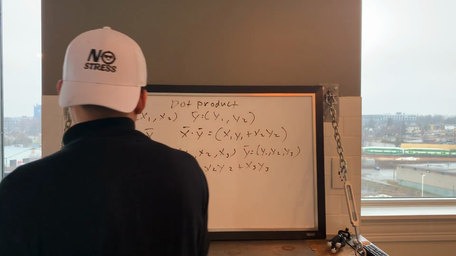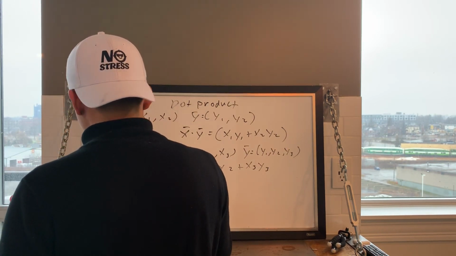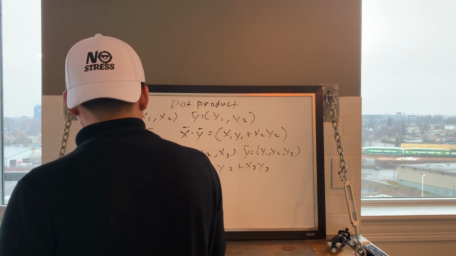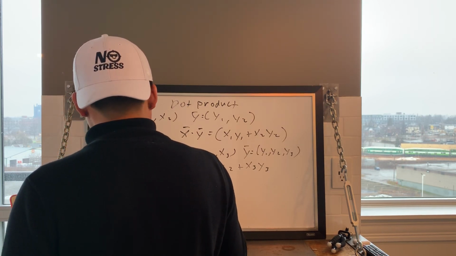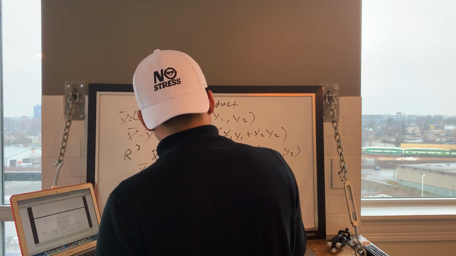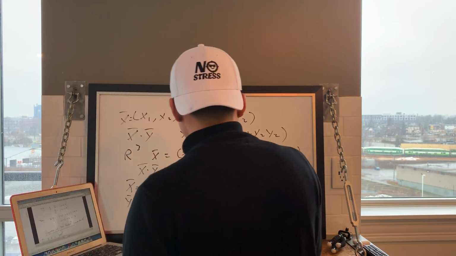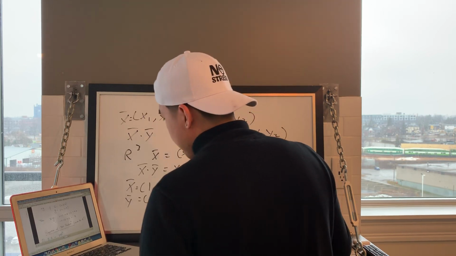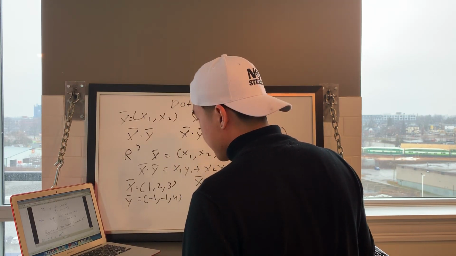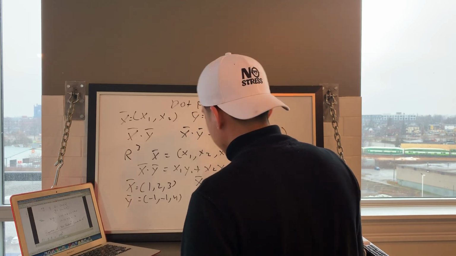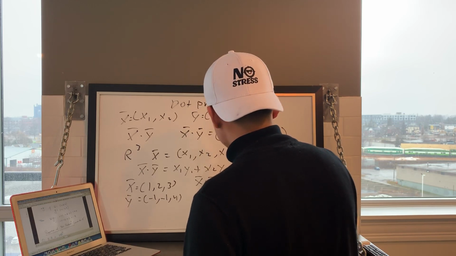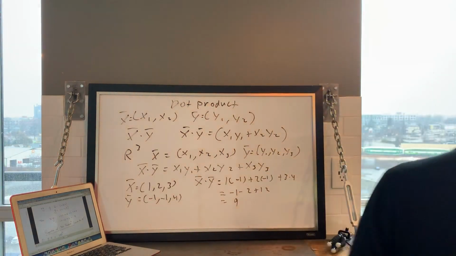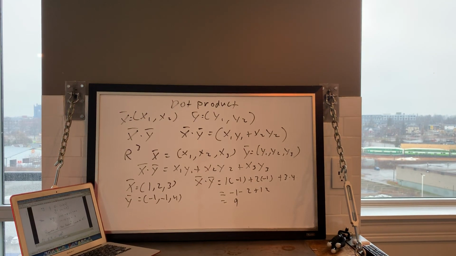So if you have this, right? We're using an example in R3, nothing too crazy. And we have this, right? Then x dot y just equals, you get 9. That's what you get.